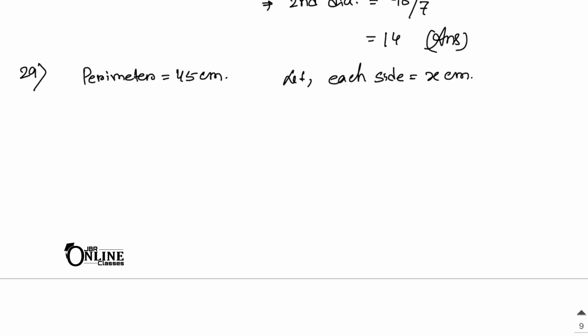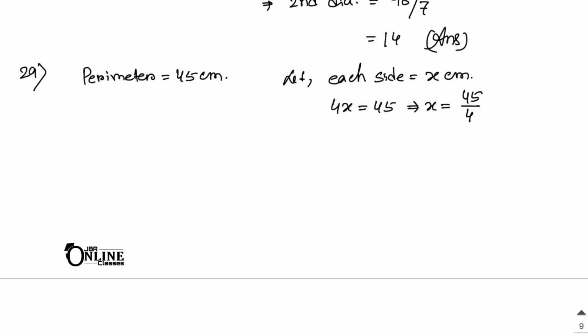So that means 4x equals 45, perimeter. So from that x equals 45 by 4. So that is the value of x.